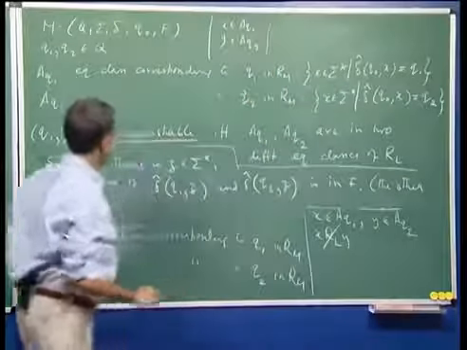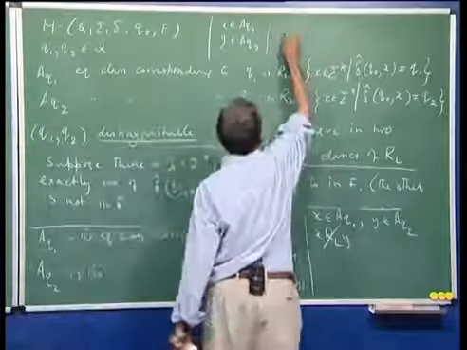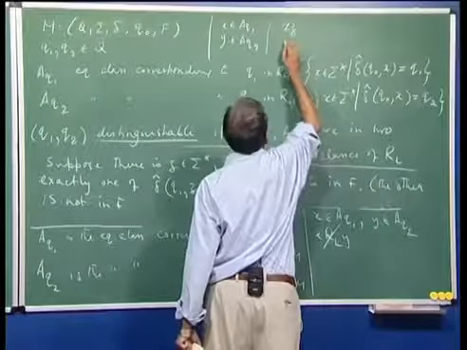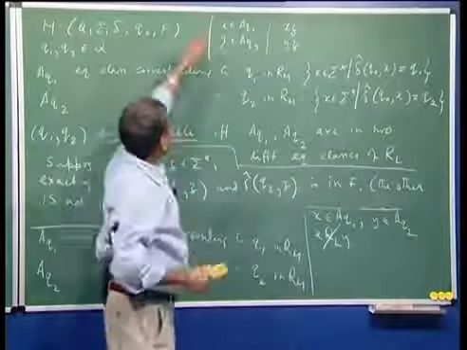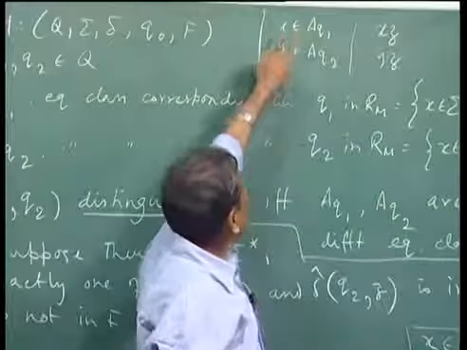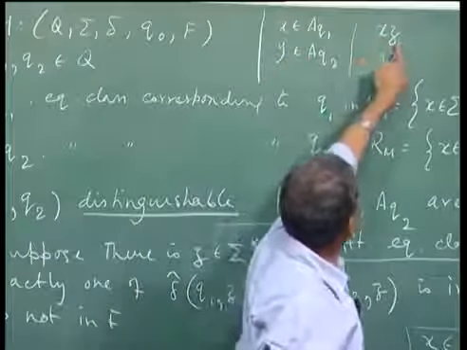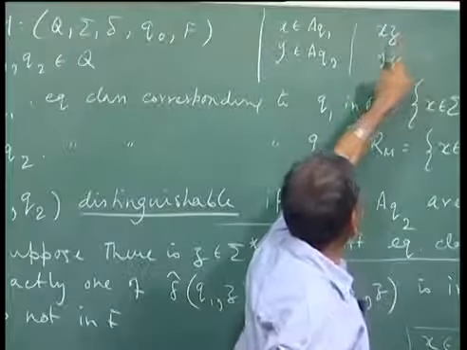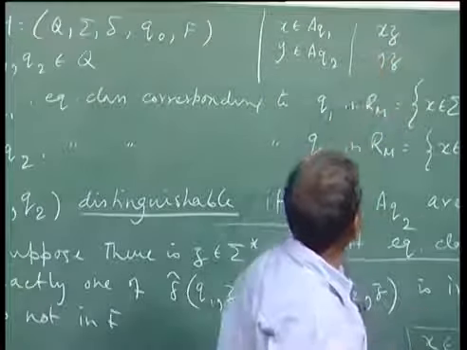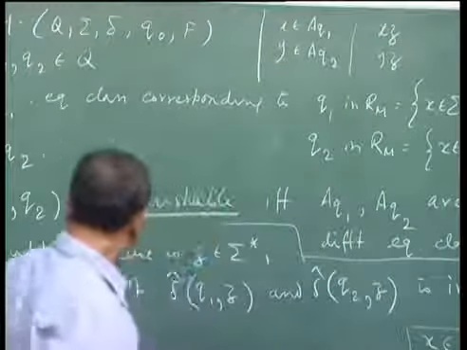Suppose this is the situation. Then now look at these two strings xz and yz. Of course, x is in the equivalence class Aq1, and now you applied this string z as a concatenated string to x on its right, and similarly you did for yz. And now what do you find?